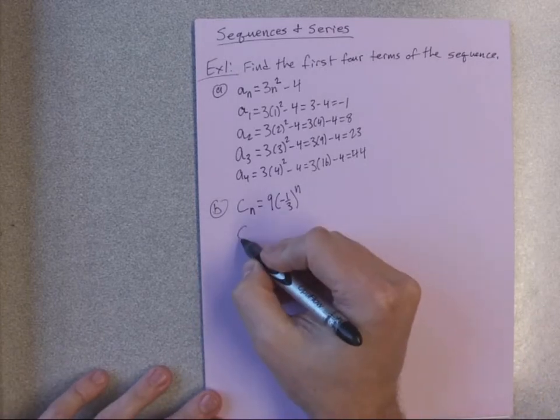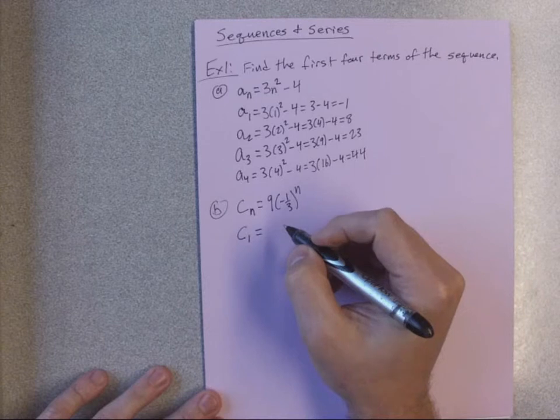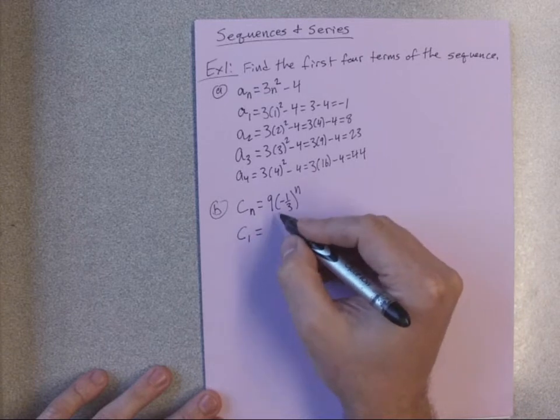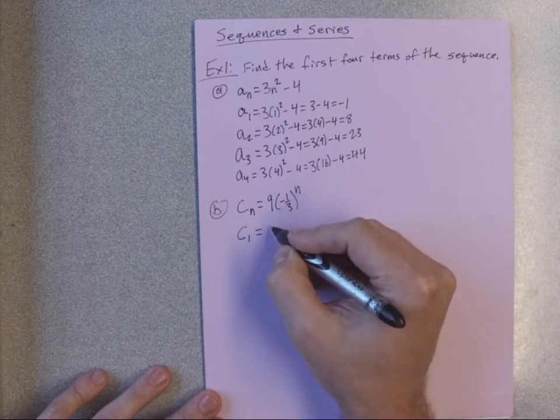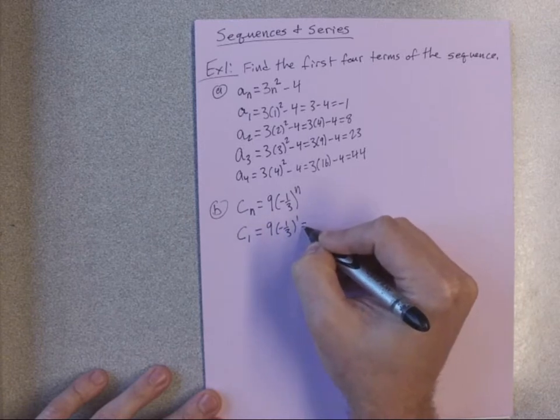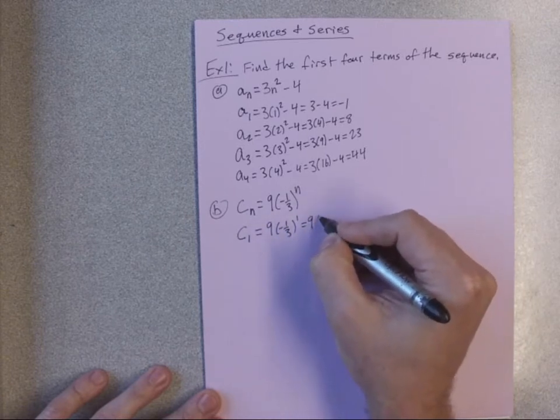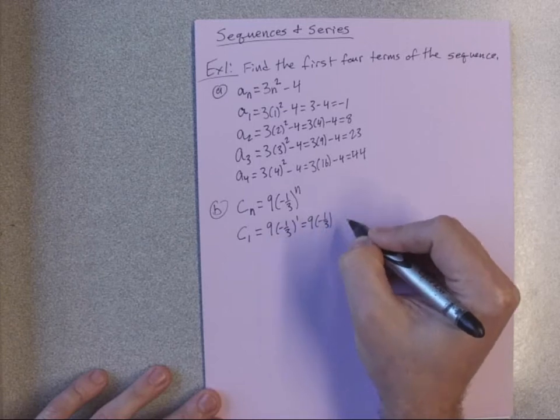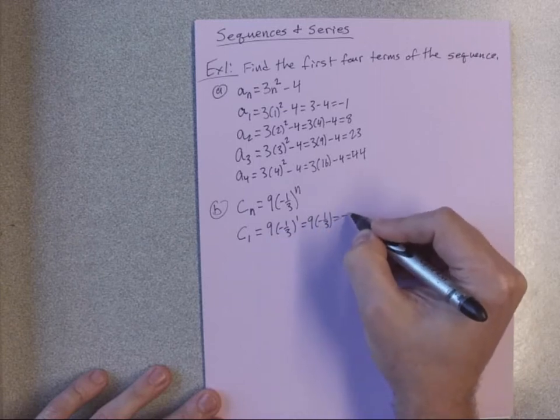And then come back and see what I'm working with. C1 means we plug 1 in here for n. So you get 9 times negative 1/3 to the first power, which is 9 times negative 1/3, which is negative 3.